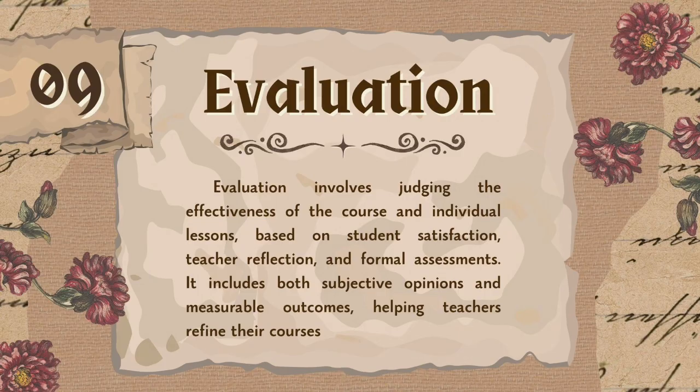Teachers often evaluate their courses by reflecting on questions like whether students are satisfied, if the course content is being covered adequately, and if there is room for improvement. So, evaluation can be both subjective, based on teacher and student opinions, and objective, using measurable data. It is important to balance these perspectives to get a comprehensive understanding of a course's effectiveness.